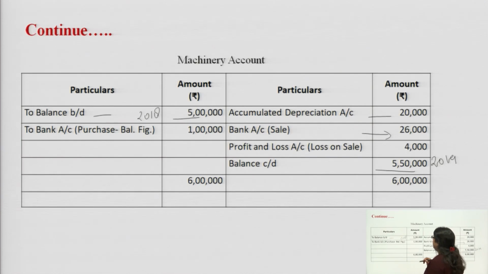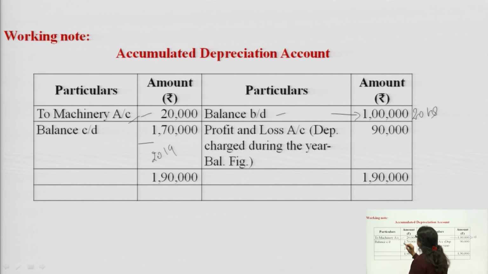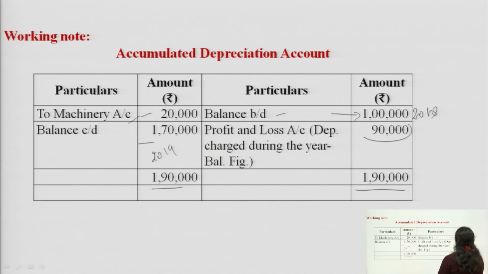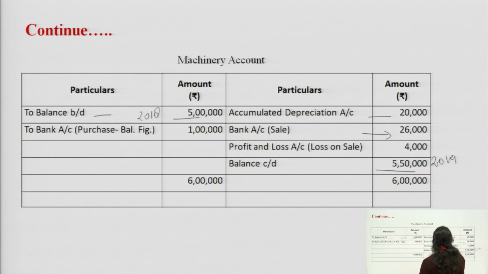So, we will write it here, 20,000 for the machinery account. We will add this, it is 1 lakh, coming out 1,90,000. The balancing figure is 90,000. So, going back, the sale is 26,000, profit and loss account, loss on sale. See this, the 4,000 was the loss at the time of selling the asset. So, it is the balancing figure.